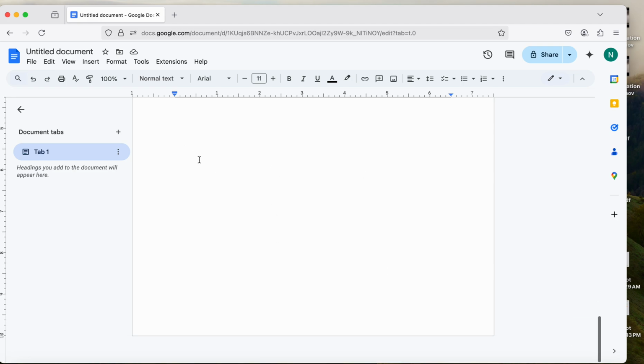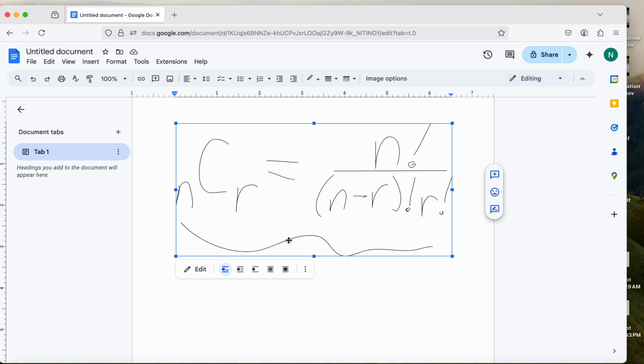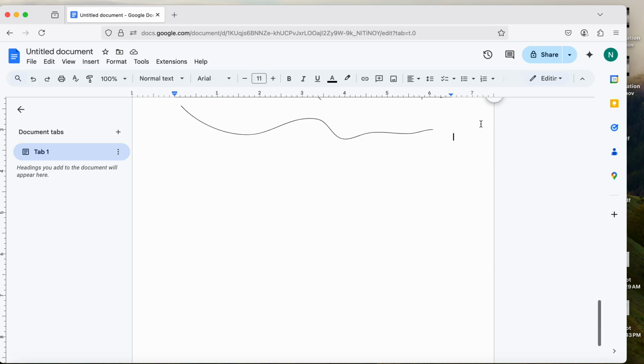Now let's do one or two examples. We're going to say, what is the probability of getting the following?